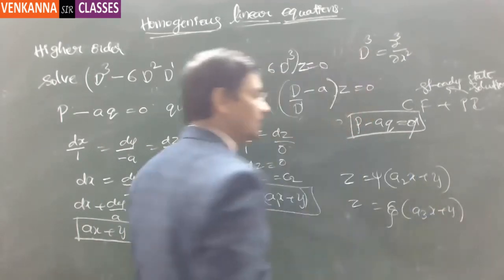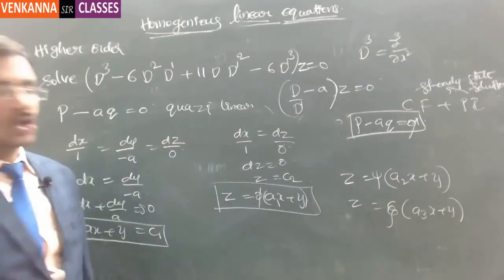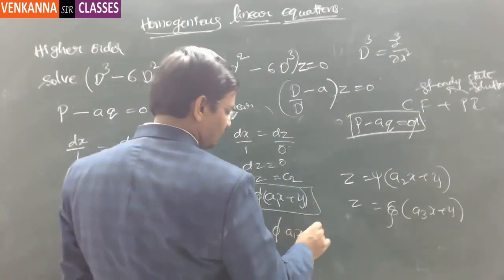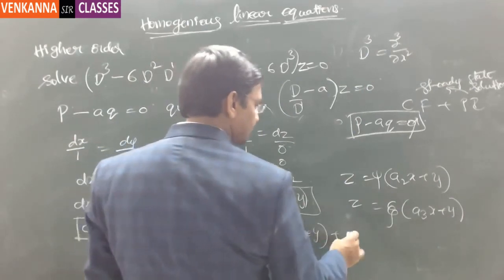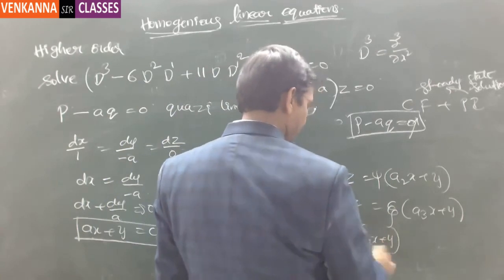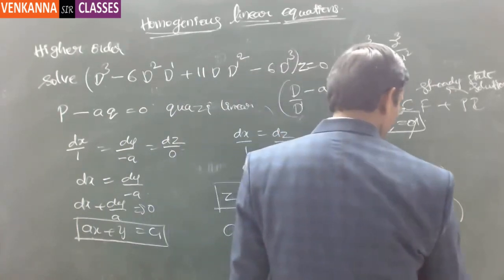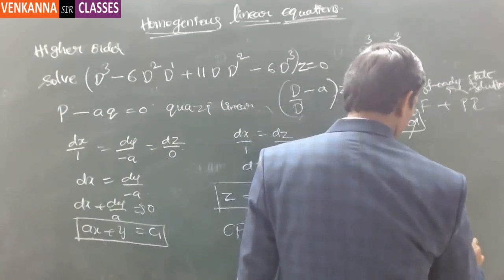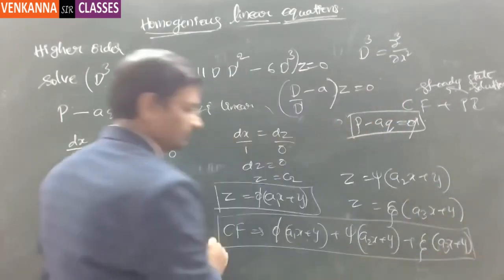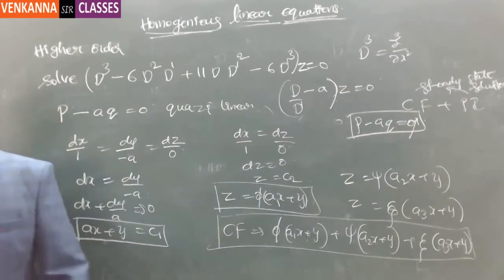So this is another solution. Now the complementary function is nothing but phi of a1x plus y plus psi of a2x plus y plus xi of a3x plus y. So this is the complementary function. Got it?